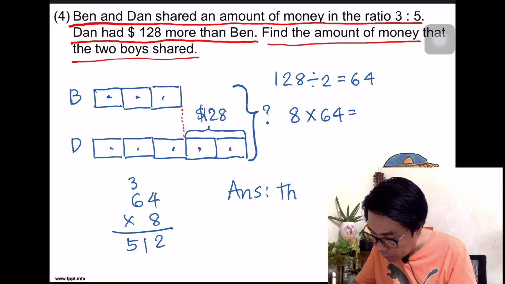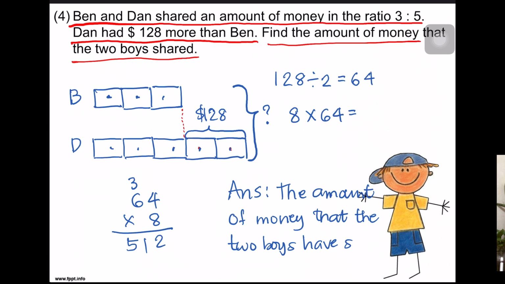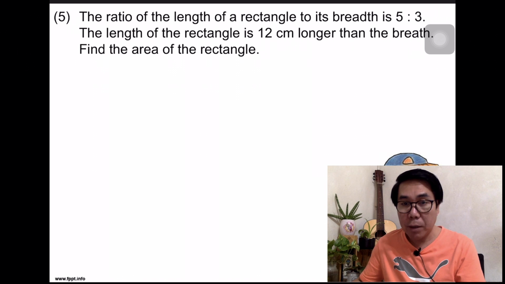So the amount of money that the two boys have shared is $512. We have the answer for problem number 4. Let's proceed now to problem number 5.